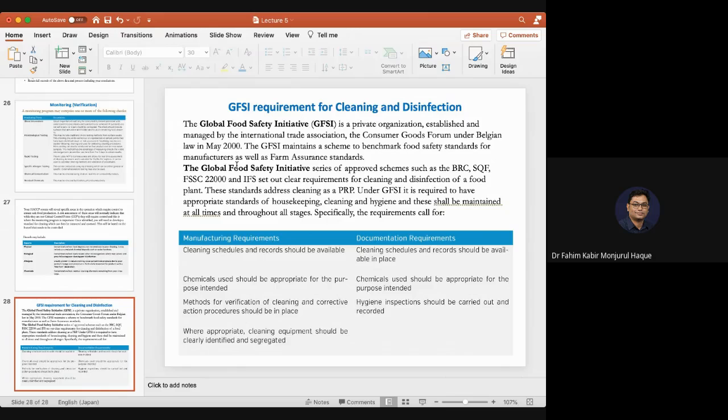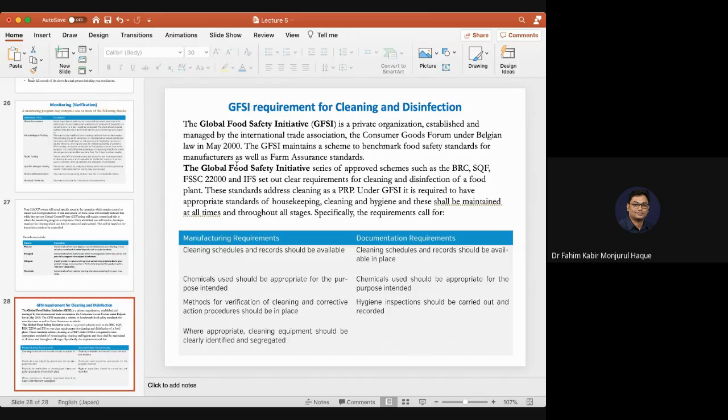It's almost like ISO. They have guidelines that for this food, you have to use this cleaning procedure, this detergent, and these SOPs.